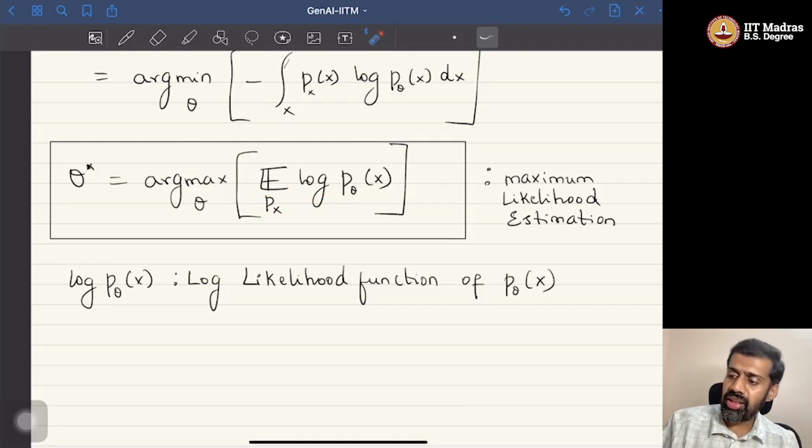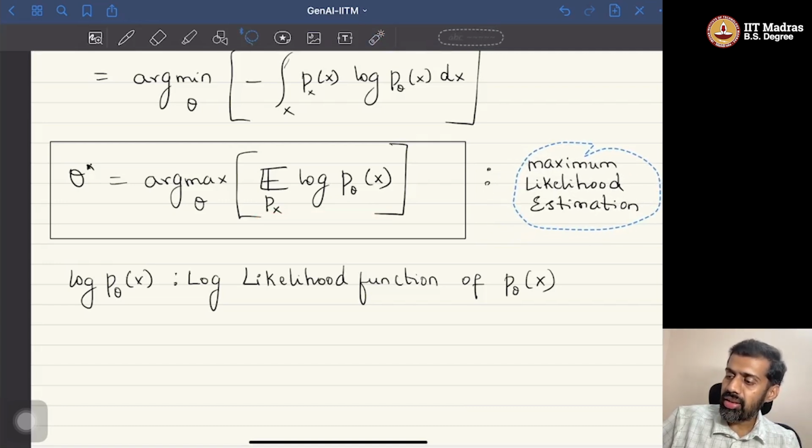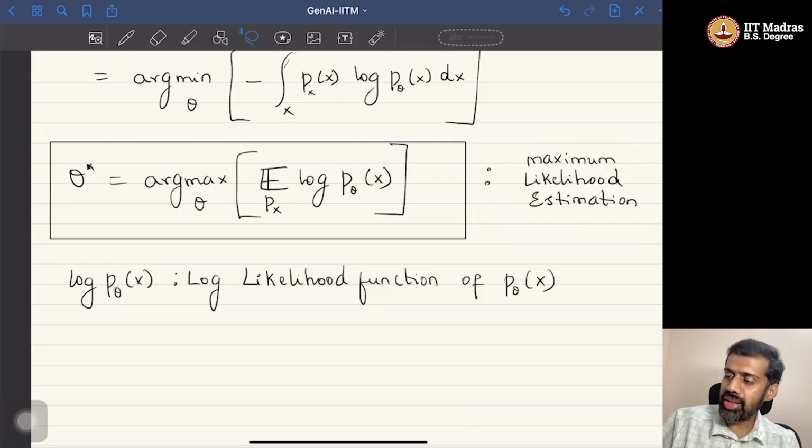Please remember that we can compute this expectation because we have access to samples from px, and we will use statistical methods like the law of large numbers to estimate it. So this is what is called maximum likelihood estimation or minimum KL divergence estimation. Now we want to estimate the model parameters theta by maximizing the likelihood.